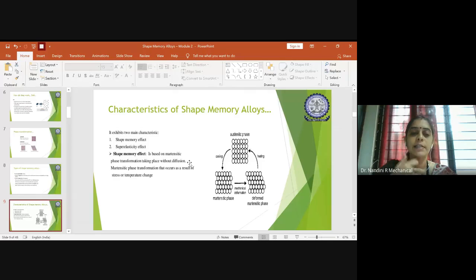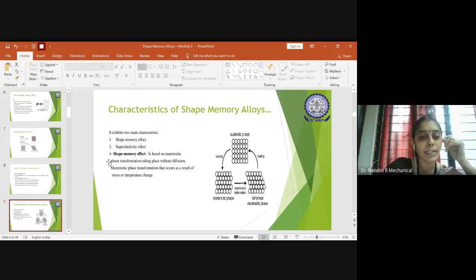Apart from that, it has one more characteristic, which is called the super elastic effect. So all shape memory alloys that you develop by mixing n number of alloys, of either nickel based or copper based, both families should have these two characteristics: the shape memory effect and the super elasticity effect.